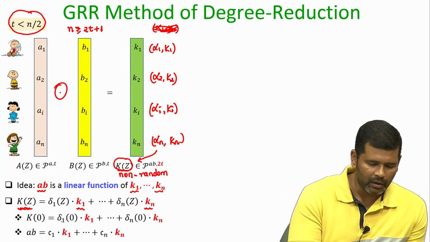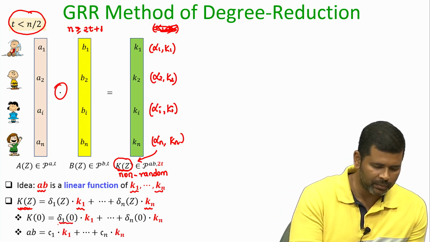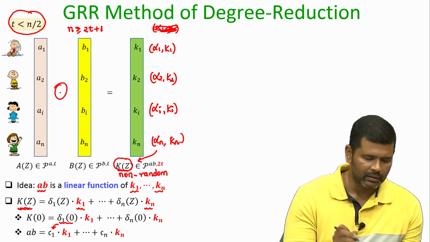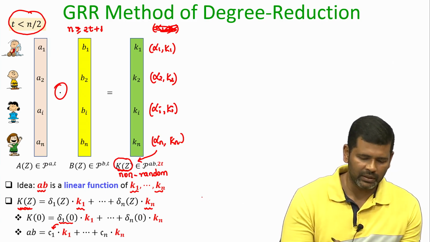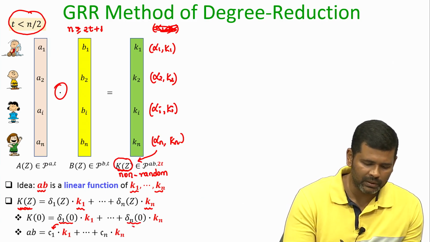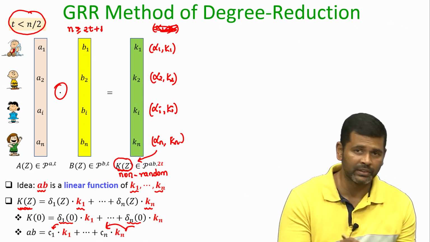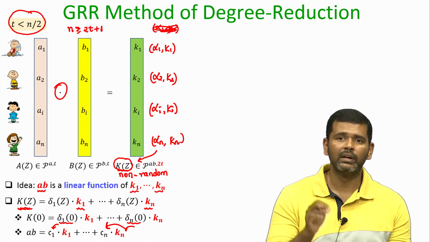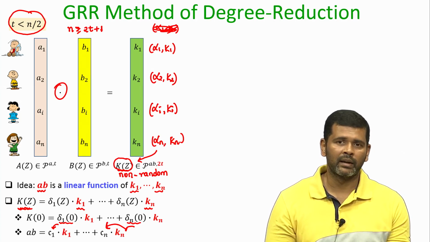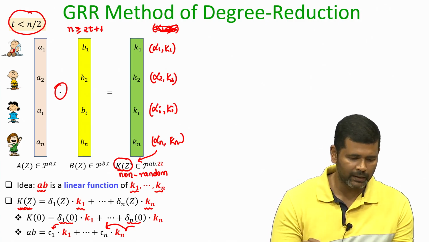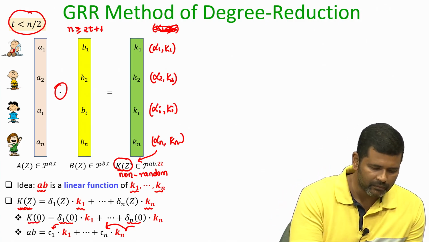So, now let me call delta 1 of 0 the constant c1, delta 2 of 0 the constant c2 and delta n of 0 the constant cn. They are basically your Lagrange interpolation coefficients which we had discussed when we discussed Lagrange polynomial interpolation over finite fields. Okay. And k of 0 is this ab.